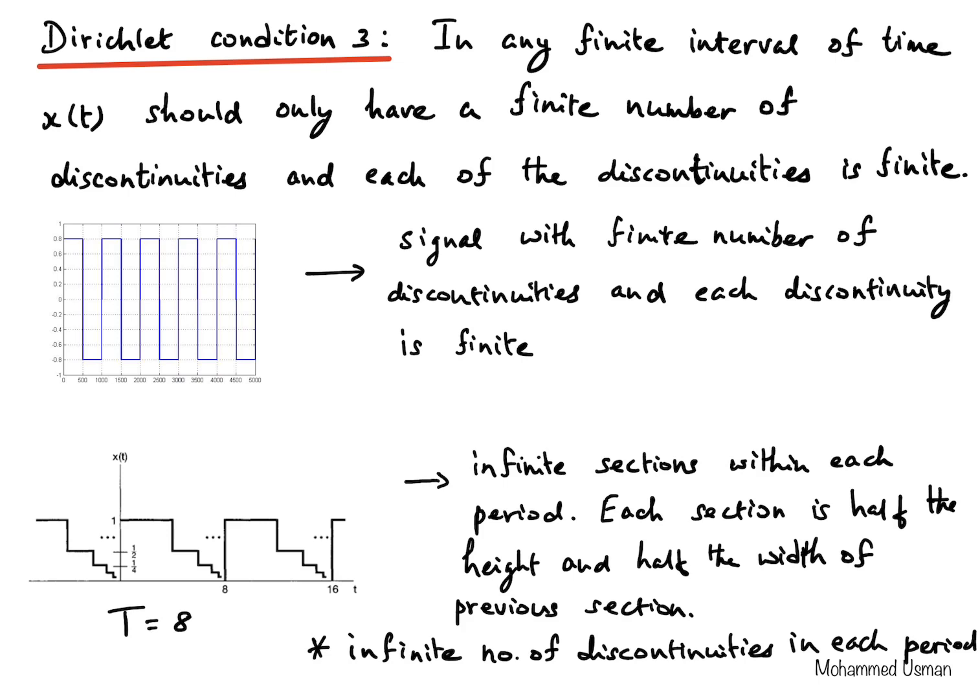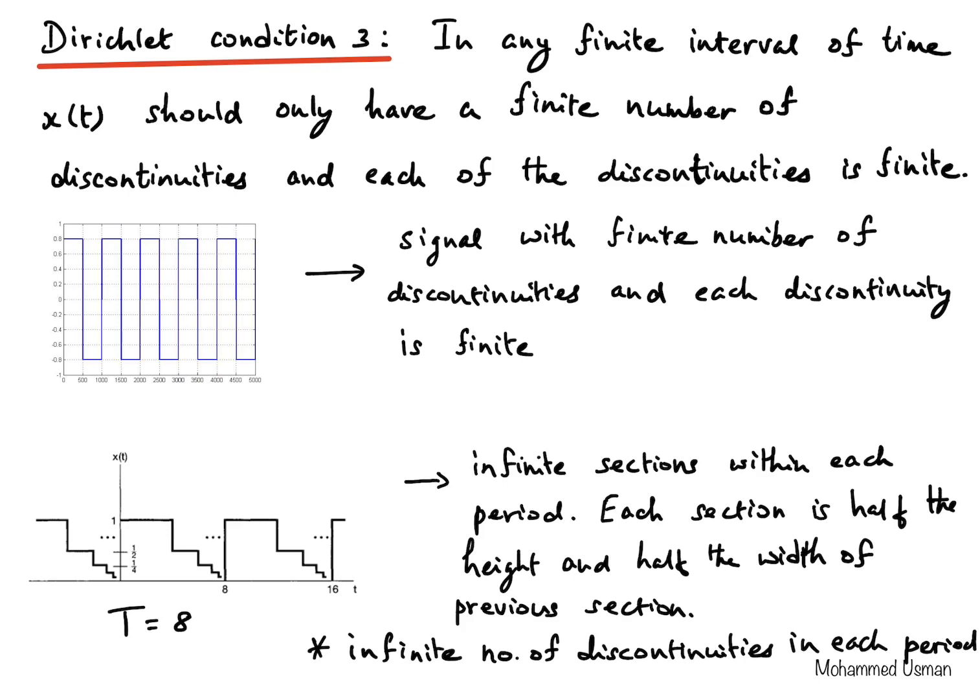And what this third Dirichlet condition tells us is that over a finite duration of time, the number of discontinuities should also be finite. So if this condition is satisfied, then even though the signal is having discontinuities, we would be able to represent it in terms of the Fourier series expansion.